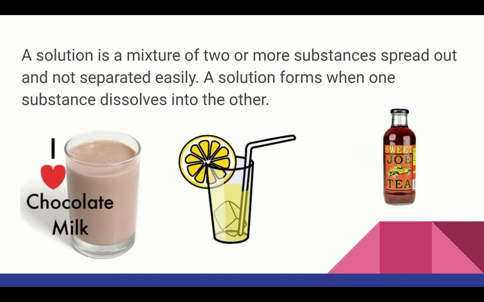If you heat up a solution, it will dissolve faster. So if the water is warm, the sugar will dissolve faster. If the water is cold, the sugar will dissolve slower. So temperature is the fourth one. So we have size, surface area, stirring, and temperature.